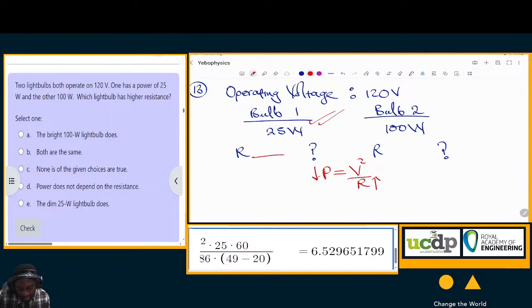Since you've got the voltage and the power, you can calculate the magnitude of the resistances of these two bulbs, but that's not asked. We're supposed just to state which one has a higher resistance. So let's move on to the next one.